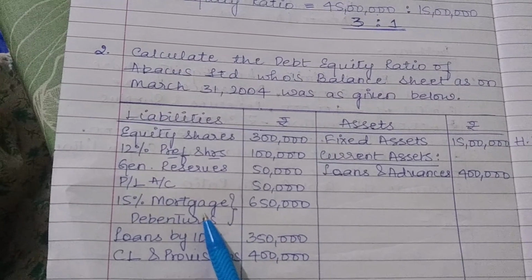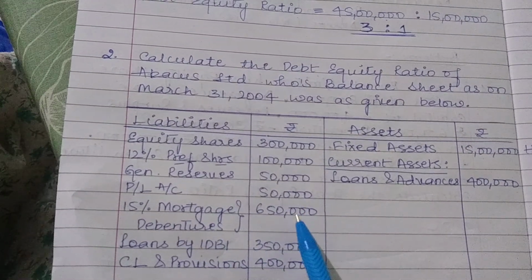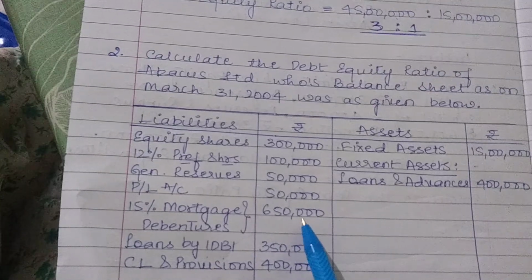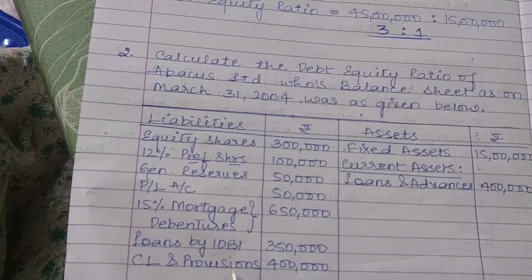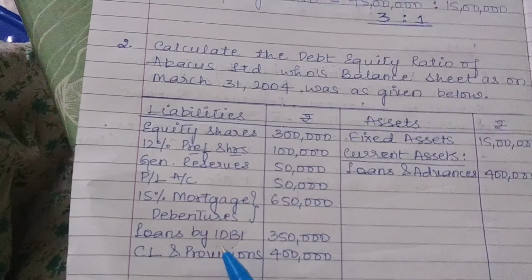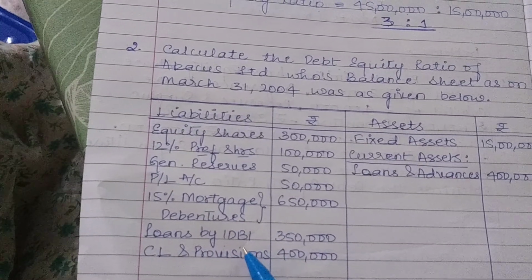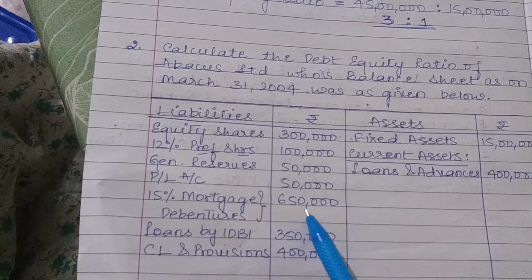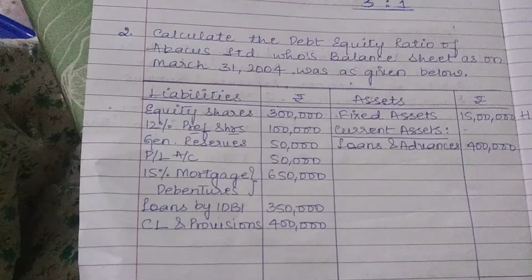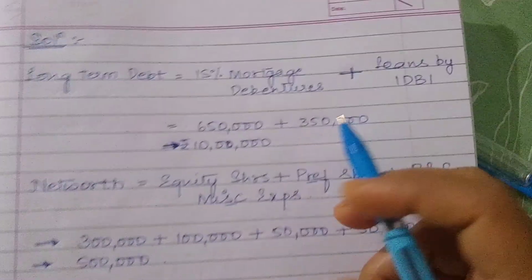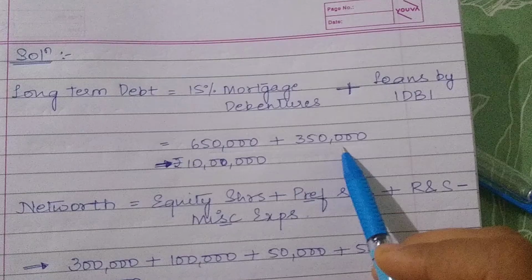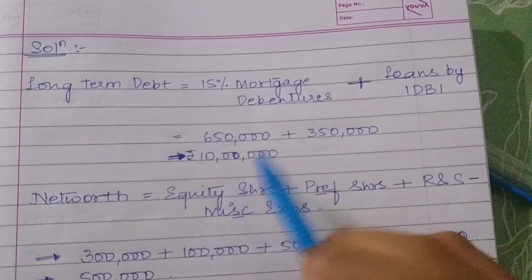Here it is 15% mortgage debentures, which is 6,50,000, plus bonds. I don't see any bonds in this particular problem, plus loans by the IDBI. So the total is 6,50,000 plus 3,50,000, you will have 10 lakh.